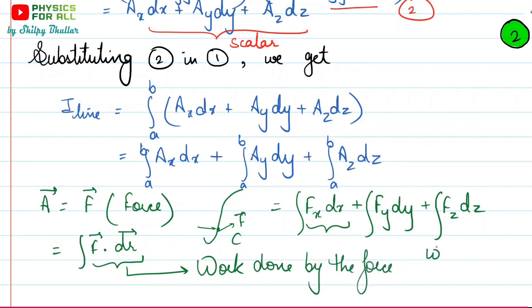Work done is often written as F dot ds. Sometimes we write dx and then we mention it as F ds cos theta. You must have read this in the work, energy and power chapter. So this can be found simply by using line integral.